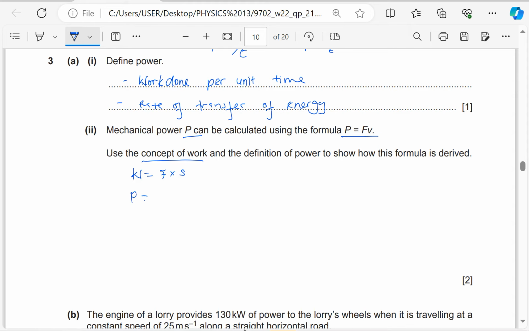And we have seen power is equal to the work done divided by time, which means power is equal to force times displacement divided by t. So power is F, force times displacement over time. And we know that displacement divided by time is the velocity, which therefore implies that power is equal to force times velocity.